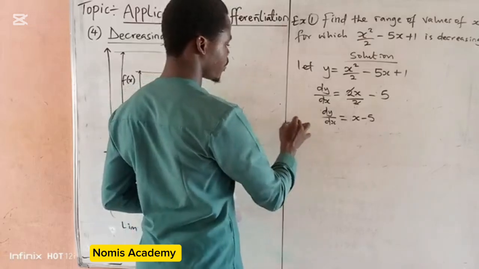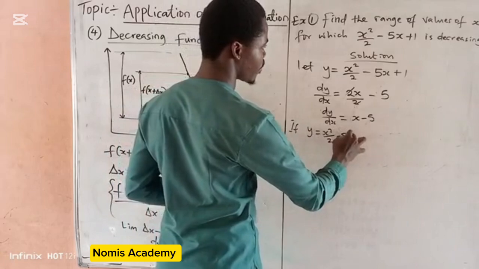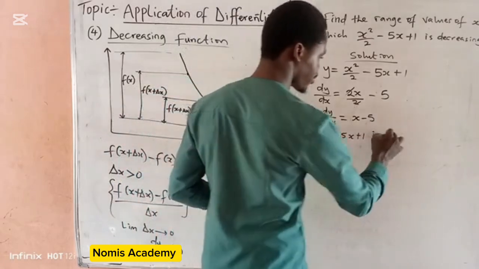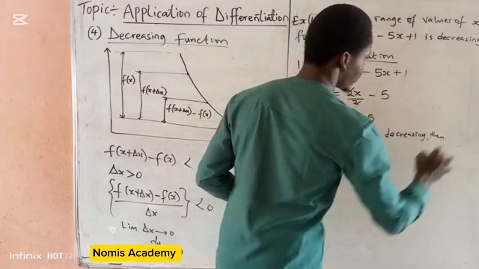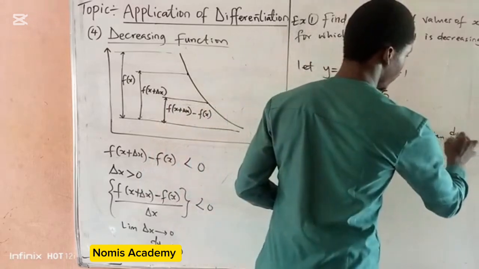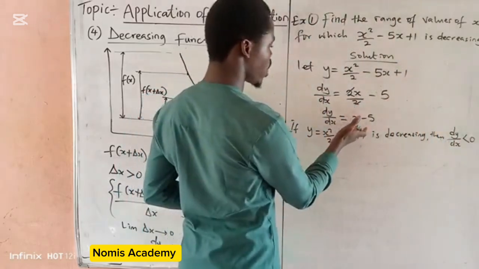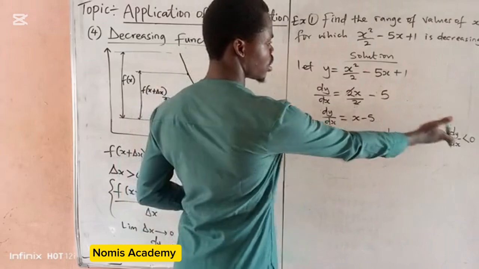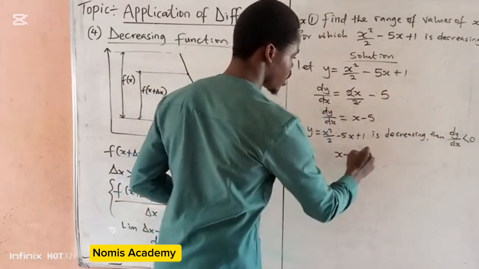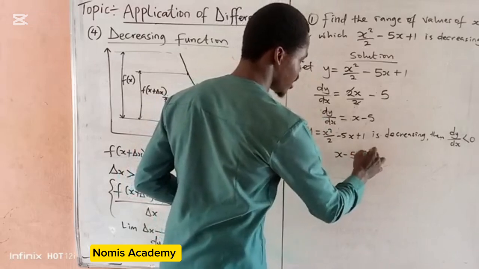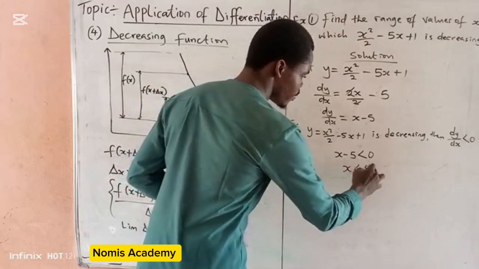Now, if y equals x squared over 2 minus 5x plus 1 is decreasing, then dy over dx is less than 0. So we are going to set the derivative of the function less than 0, and that will be x minus 5 less than 0. To simplify, x is less than 5.